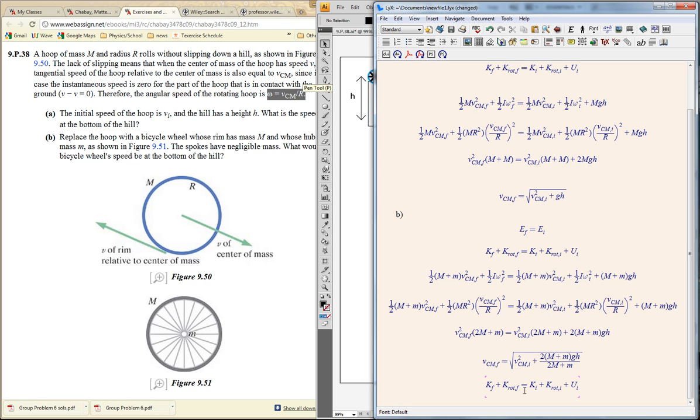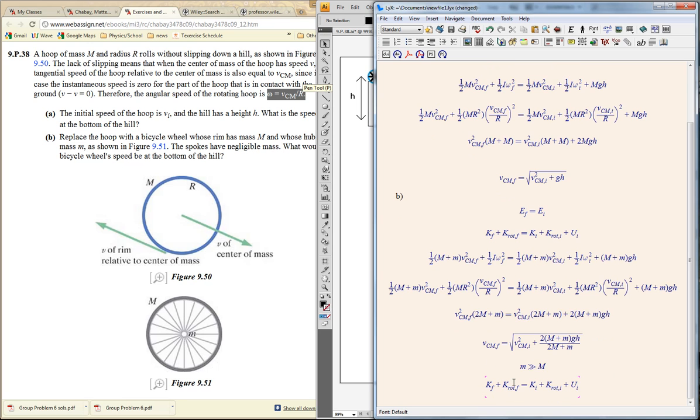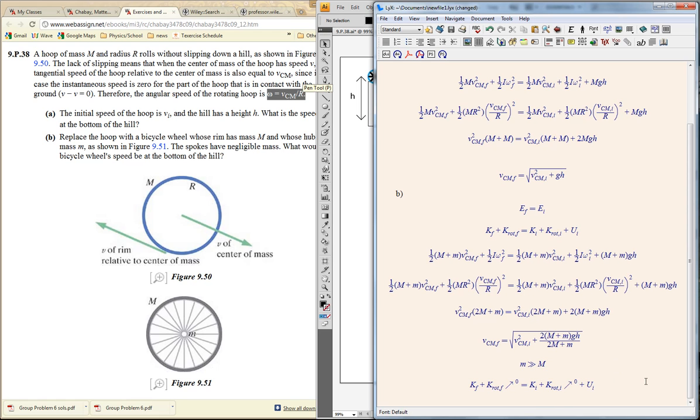Let's look at the simplifying case where little m is much bigger than big M. In that case, the rolling component of kinetic energy is negligible because almost all the energy is going to be in the hub.